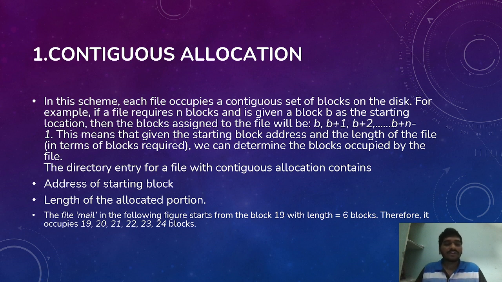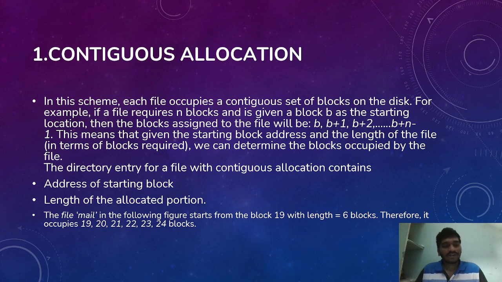The directory entry for a file with contiguous allocation contains mainly the address of the starting block and the length of the allocated portion. Now, by considering an example, we can get clarity about what a contiguous allocation is.